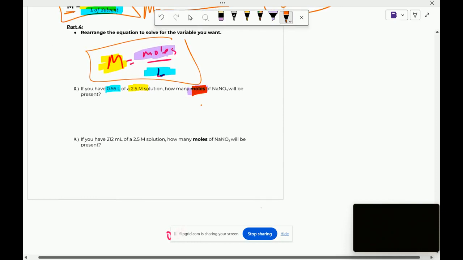Now I do my algebra. 2.5 over 1 is equal to x over 0.212. 2.5 times 0.212, cross multiply, right? So 2.5 times 0.212 is equal to x. X is 0.5.